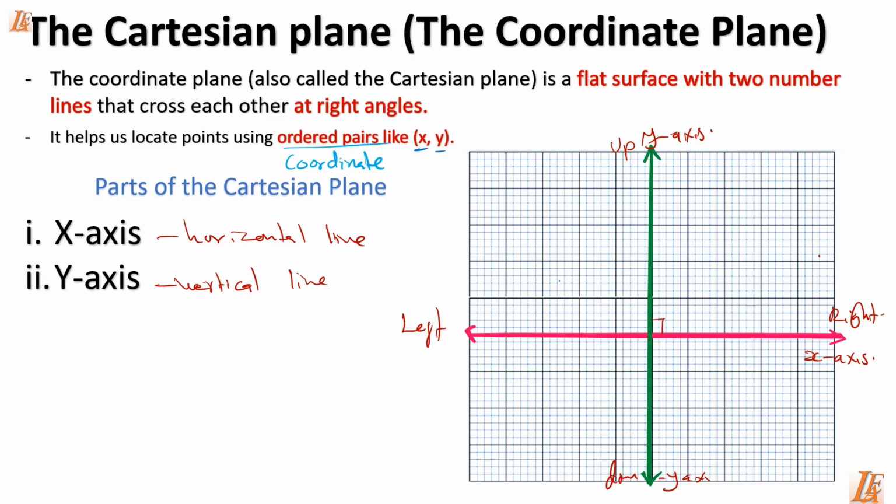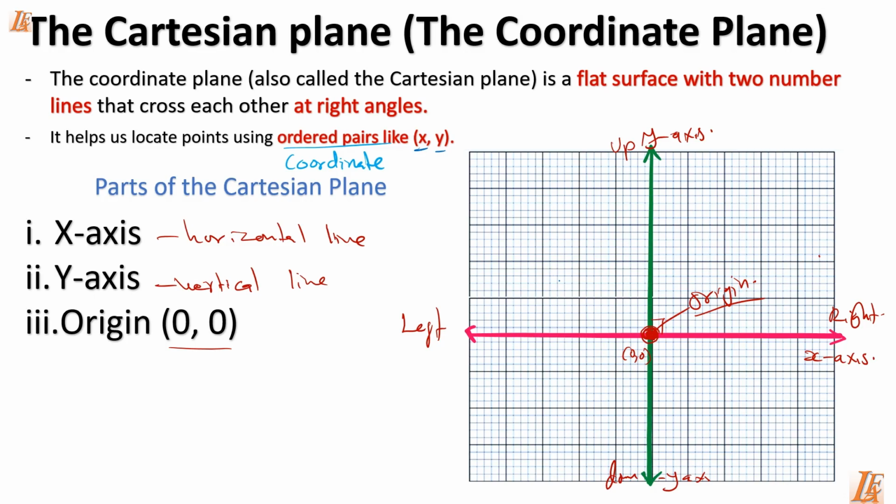Now, the other part of the Cartesian plane that we have is the origin, and the origin has coordinates of (0, 0). It means at this point, where these two number lines meet, that's what we call the origin. This is where we start counting, or we start all the measurements from.